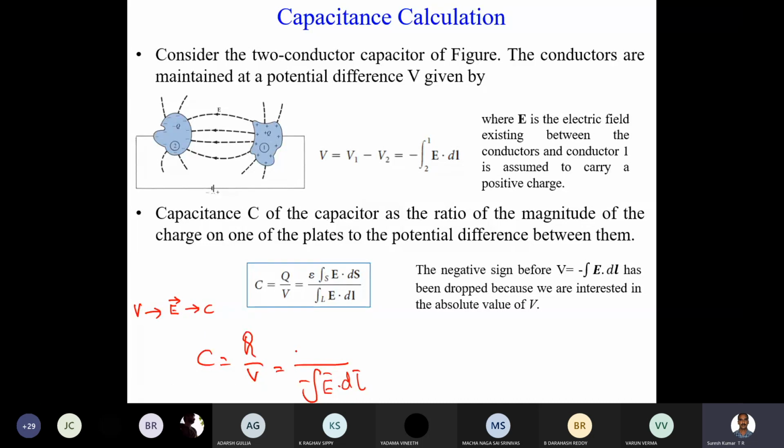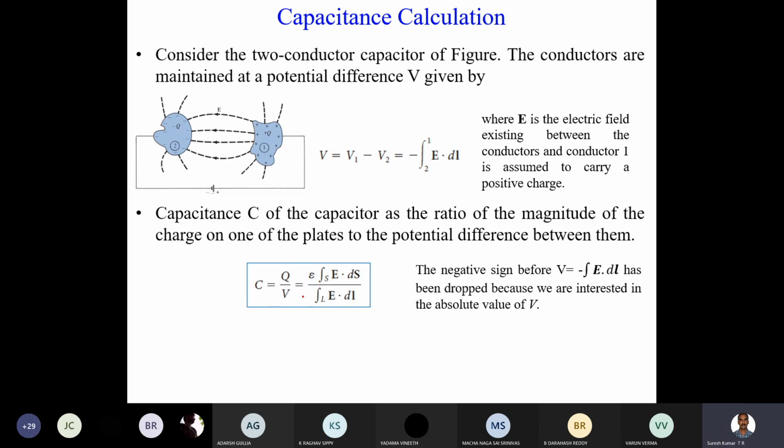The flow is here. C equal to Q over V, and you can calculate V from the electric field, or if V is directly given, no issues. So the denominator if you push, then you will get the equation for capacitance. So what is required is you need to know Q and V. You need to calculate Q and V. Now let us see how to calculate this Q and V in the boundary value problem.